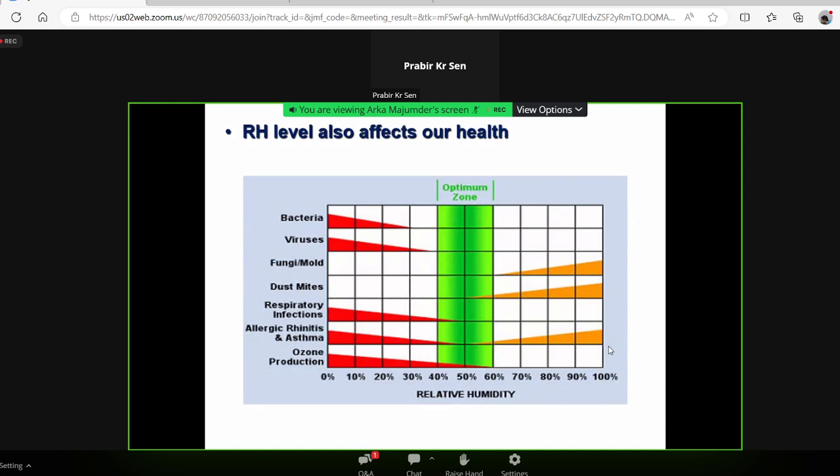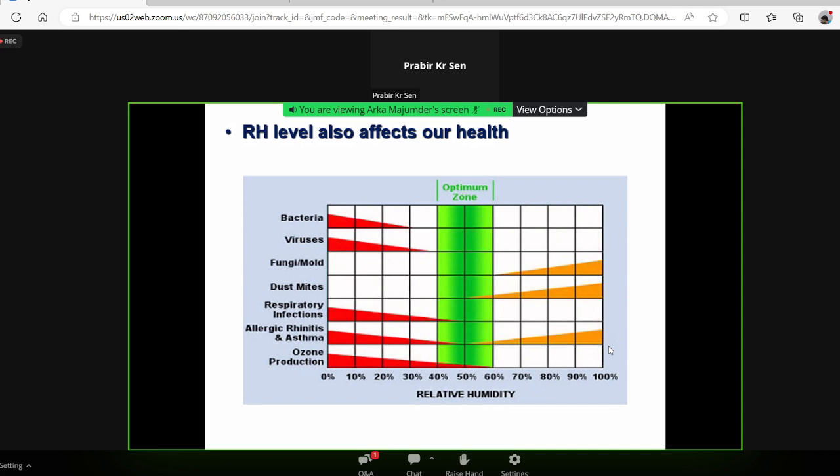There are some infections which increase when you decrease the relative humidity, and there are some infections which increase when you increase the relative humidity. But there is a green corridor, 40 to 60%. For human health, we should keep the relative humidity between 40 to 60%.